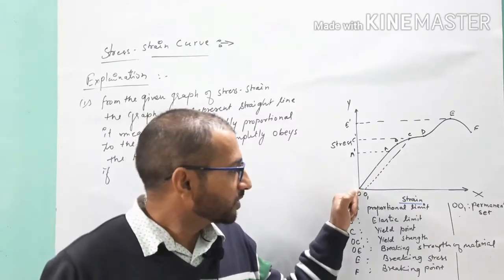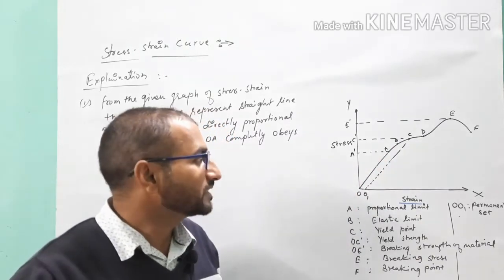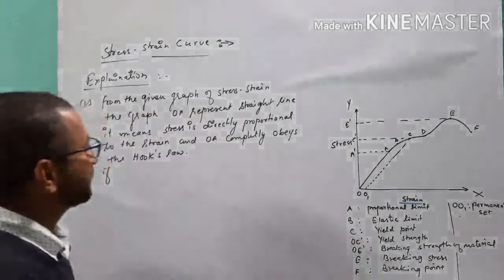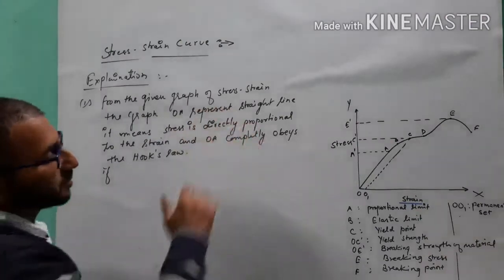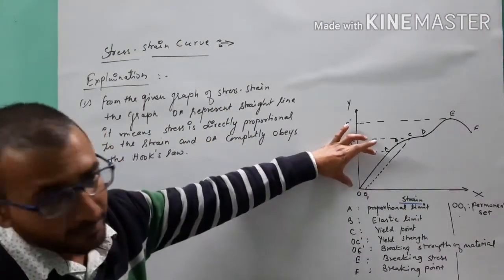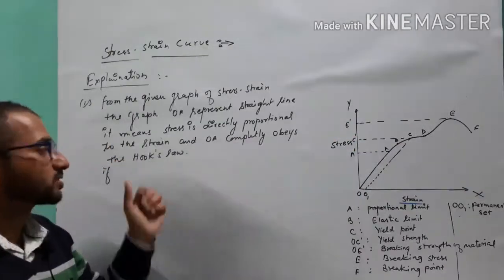Because this line O to A is a straight line, it means that stress is directly proportional to strain. When we say stress is directly proportional to strain, it means that the curve OA obeys completely Hooke's law.